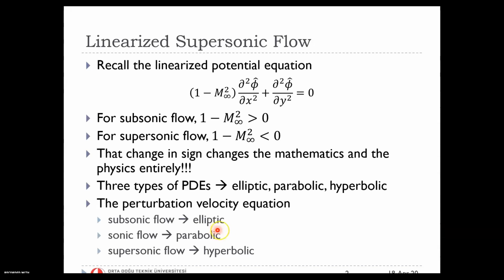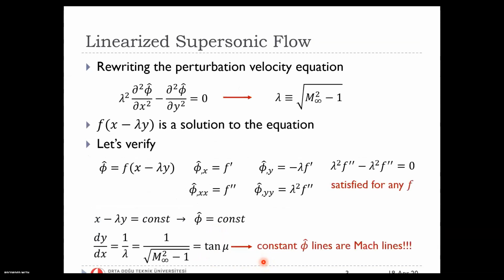But in hyperbolic partial differential equations, there are characteristic lines, and information propagates along these characteristic lines. This is the main difference between these two types of partial differential equations, and you will see how it's related to subsonic and supersonic flows in the coming slides.